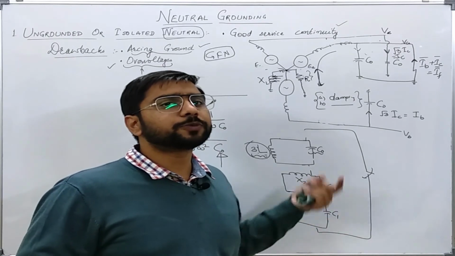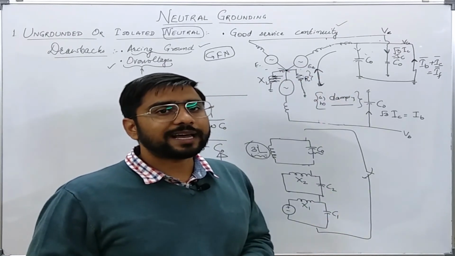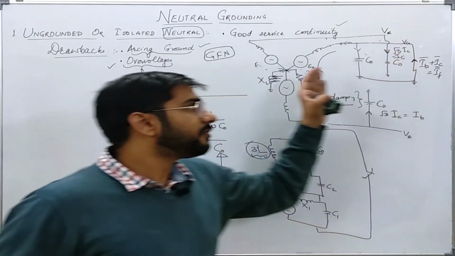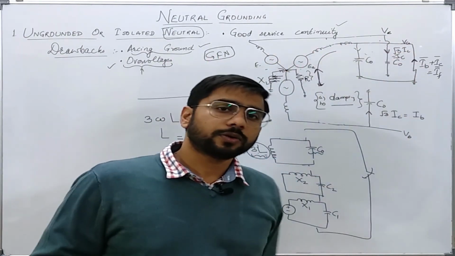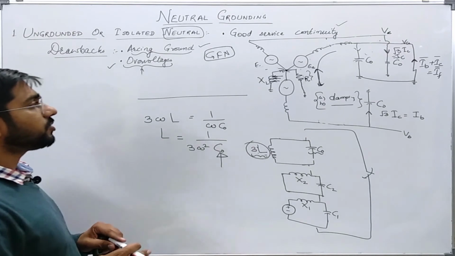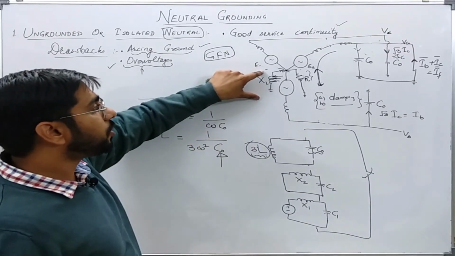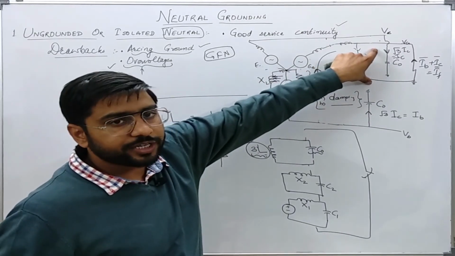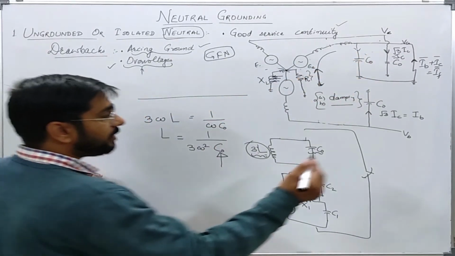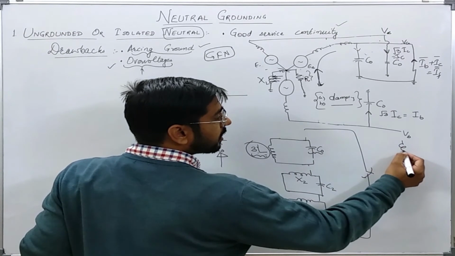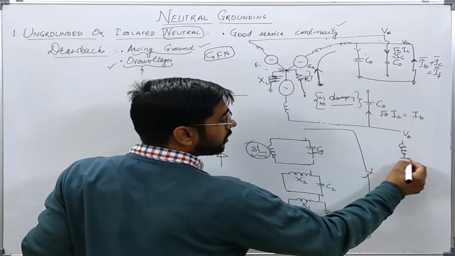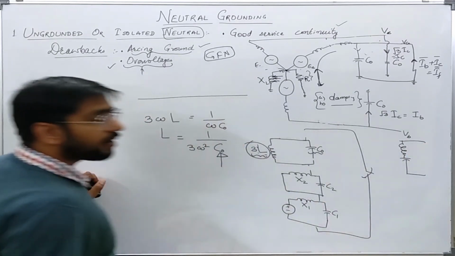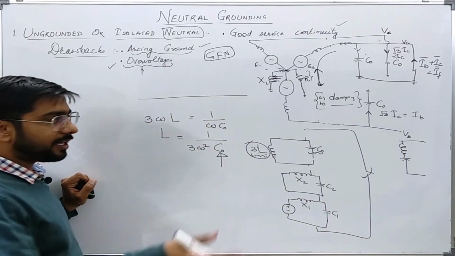There may not be transposition of the transmission line. So even during normal loads there will be flow of zero sequence currents. The flow of zero sequence current will create a potential drop across XL as well as C naught. This zero sequence load current will create a series resonance effect if somehow there is some resonance.